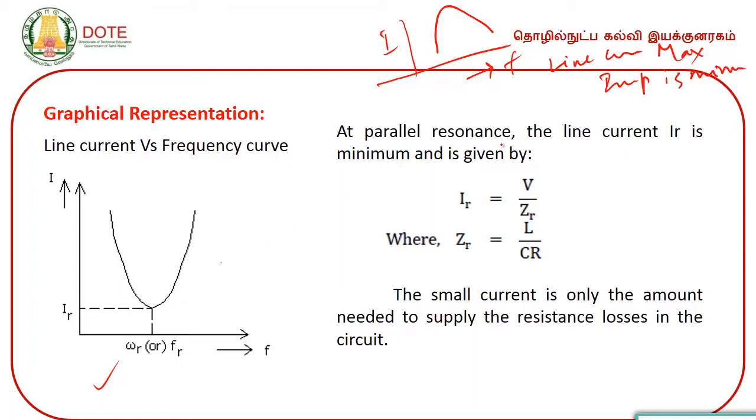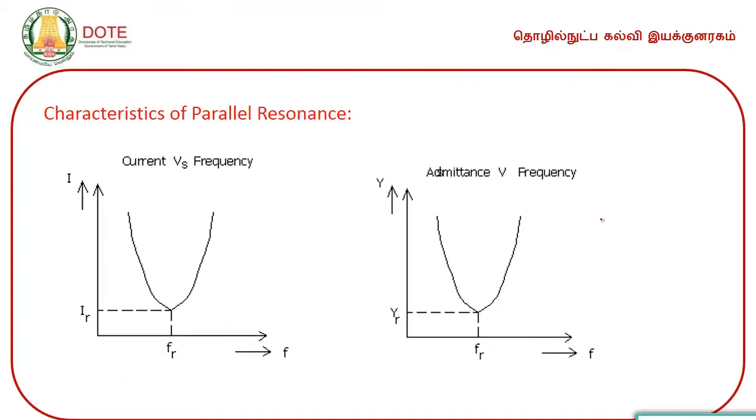impedance is minimum, whereas here exactly opposite, at parallel resonance the line current IR is minimum and is given by IR is equal to V by ZR, where ZR is equal to L by CR. The small current is only the amount needed to supply the resistance losses in the circuit. So, the characteristics of parallel resonance, this is the current versus frequency and this is the admittance versus frequency, both are alike here.